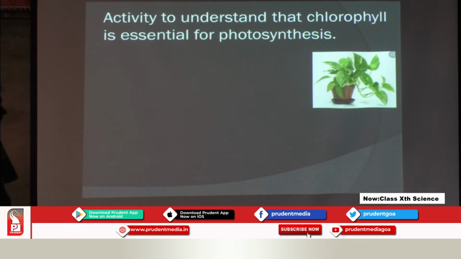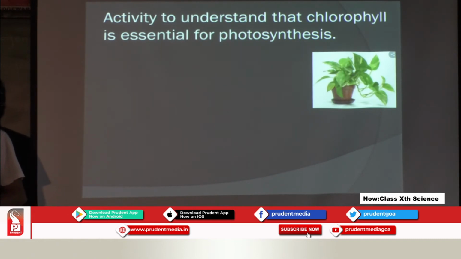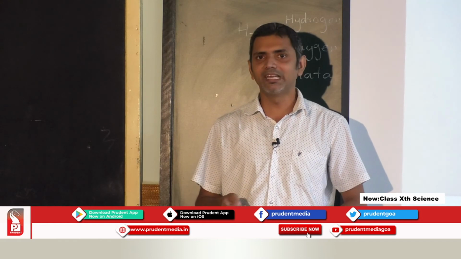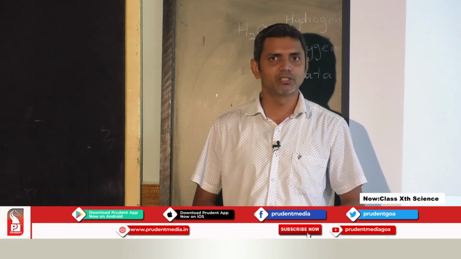After 3 days, we have to keep this potted plant in the sunlight for 6 hours so that the plant can prepare its own food. After this, we have to pluck a leaf and observe it. There will be green color patches and there will be white color patches.